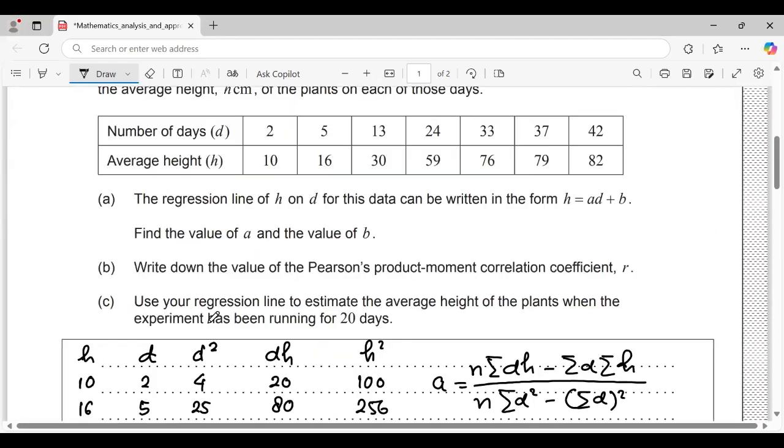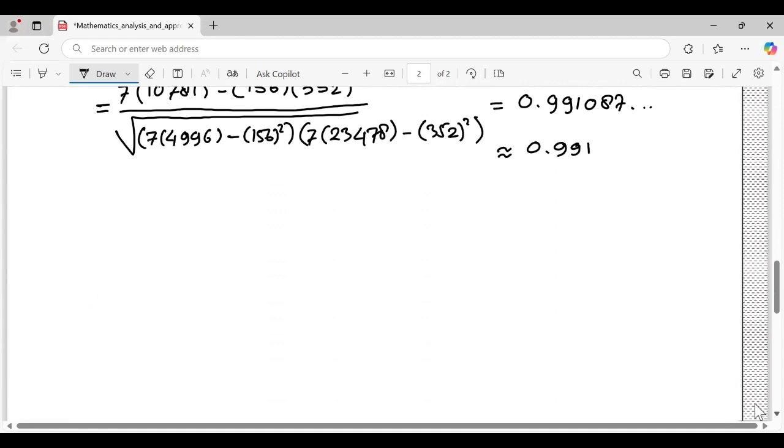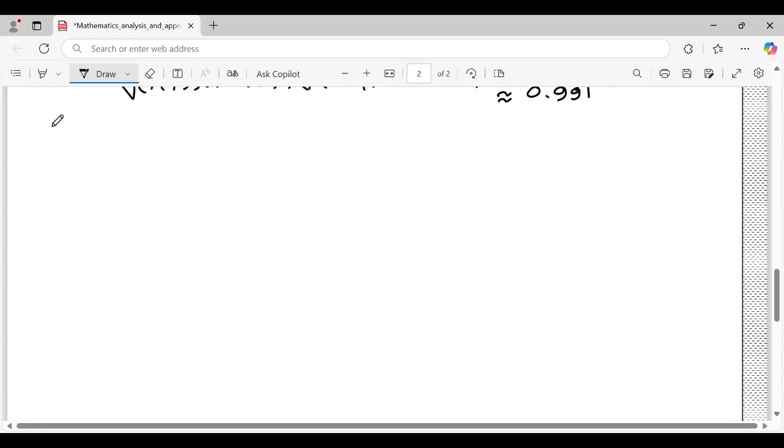Use your regression line to estimate the average height of the plants when the experiment has been running for 20 days. The regression equation is H equals 1.93D plus 7.22.